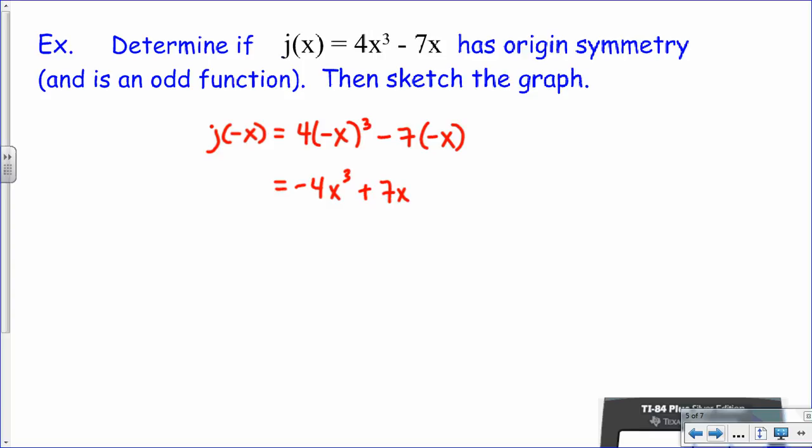Negative 7 times negative x is positive 7x. Okay, so is this the exact same as the original? No, so it's not even. Is it the exact opposite? Yes. So, therefore, it is odd. And it has origin symmetry.